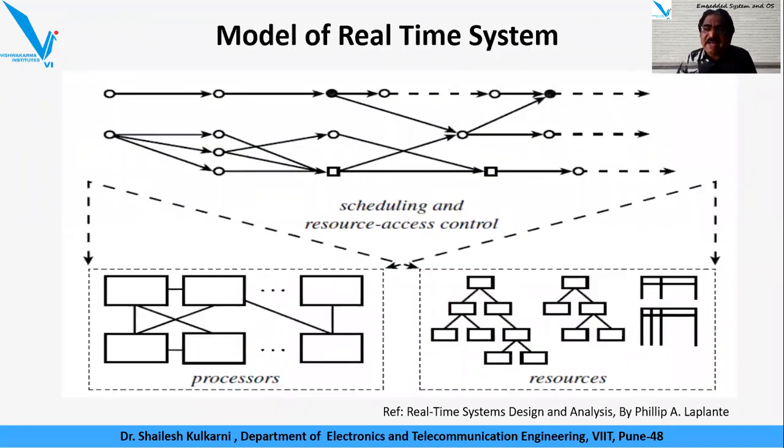Or before that, if I just want to model the real-time system, then as you can see, the scheduling and the resource access control and all, this is what is referred to as a task control graph, or task graphs. In order to make a journey from input to output, you might have tasks triggered in some way.